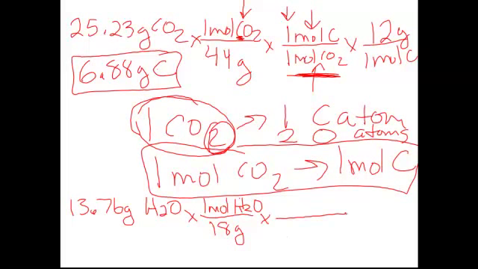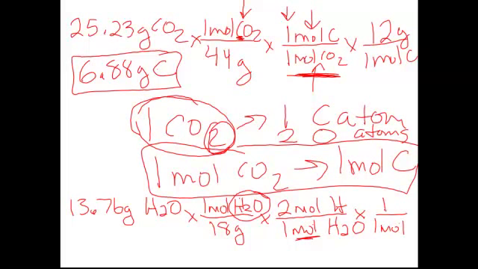And now we can say 1 mole of water has how many moles of hydrogen? Look at our formula. Every molecule of water has 2 hydrogen atoms. So a mole of water is going to have 2 moles of hydrogen. And then our last step, 1 mole of hydrogen has a mass of 1 gram.